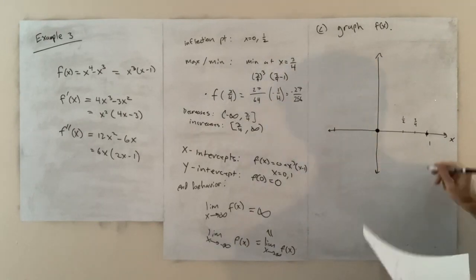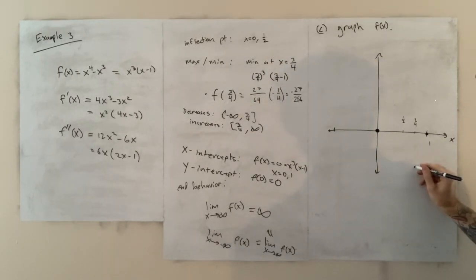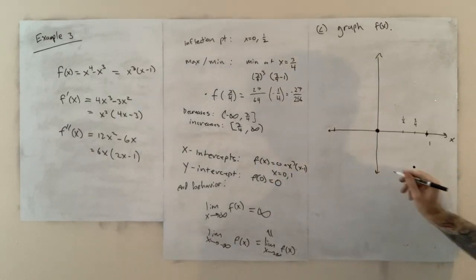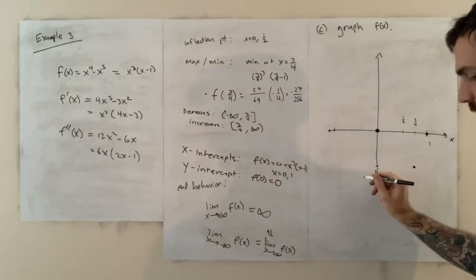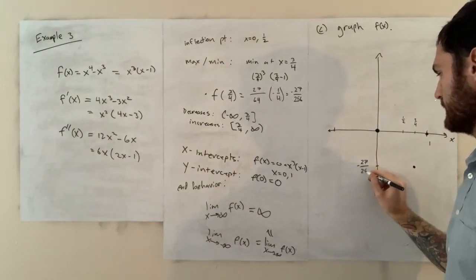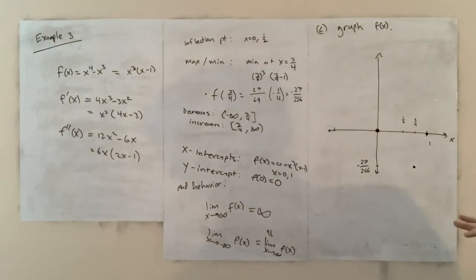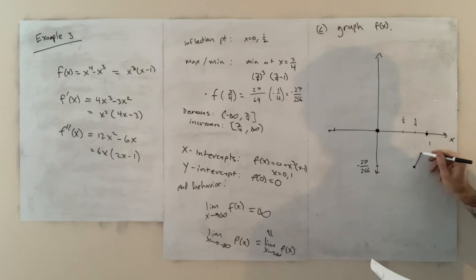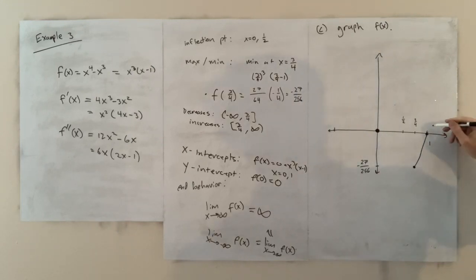And we know our function kind of hits its minimum value there, or at least a local minimum value there. And this is going to be negative 27 over 256. So keep in mind, it's not to scale. That's okay. We're just getting an idea of what the picture looks like. And we know it crosses here, so it's going to hit this minimum and cross the x-axis there.